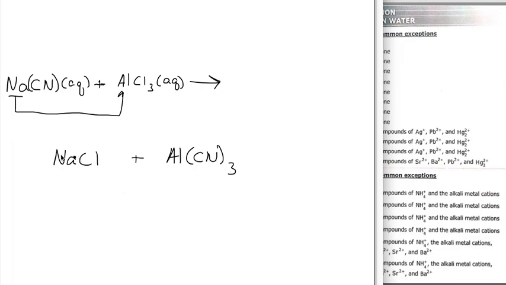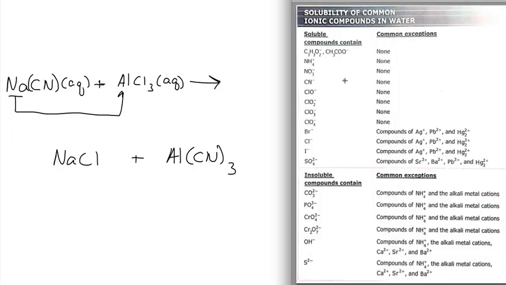Okay, well, you should know the answer for sodium chloride, but let's go look it up anyway. If you look up the chlorine right here, it is in the soluble rule, and the exceptions are silver, lead, and mercury, and sodium's obviously not one of those, and so sodium chloride is going to be aqueous. That will not cause the reaction to occur.